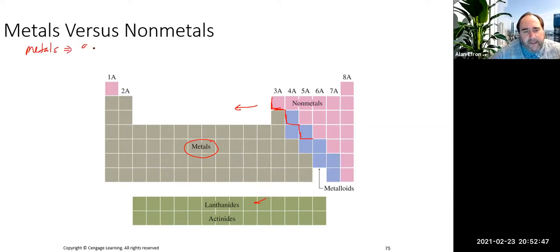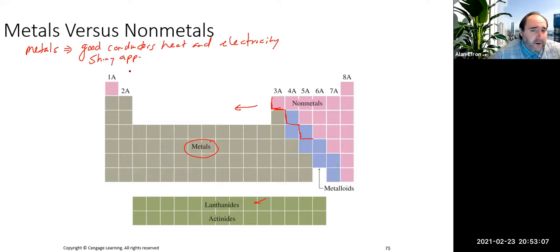So good conductors of heat and electricity. They usually can be hammered into sheets. They can be pulled into wires. They typically have a shiny appearance.